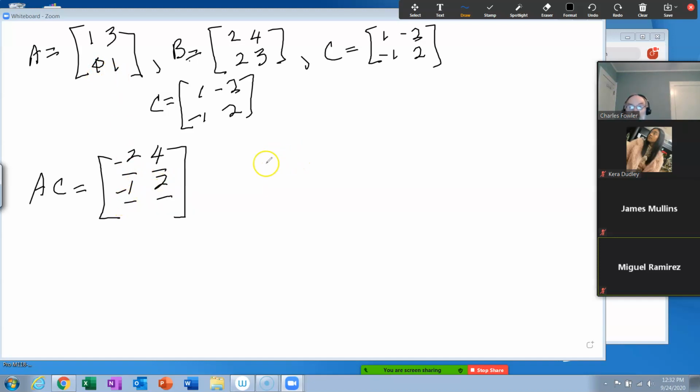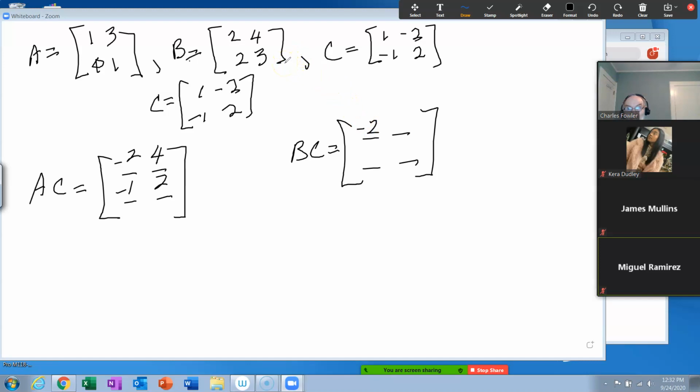Okay. Now, let's do BC. Those are already close together. So I think it's going to be fairly easy to do. 2 by 2 by 2 by 2 is going to be a 2 by 2. Okay. First row, first column is going to be 2 minus 4 is a minus 2. Oh, so far that's correct.